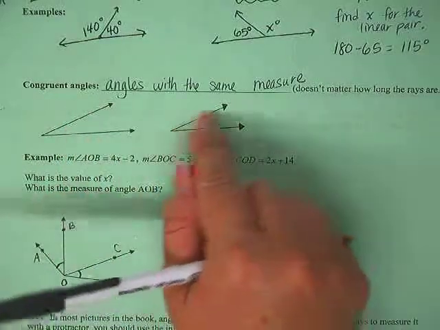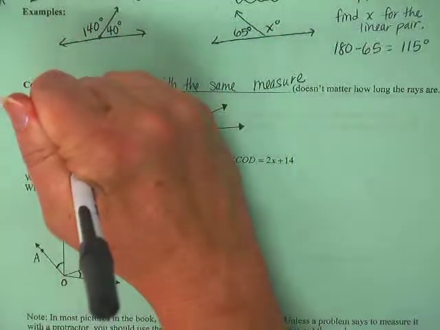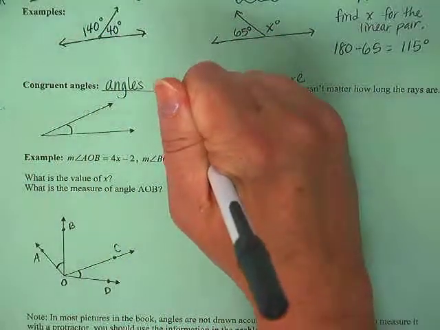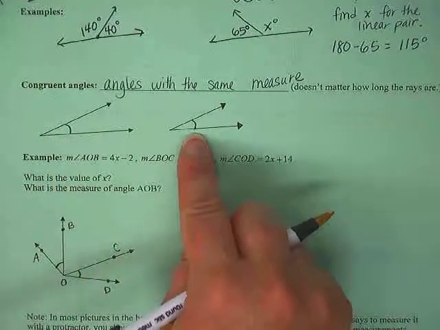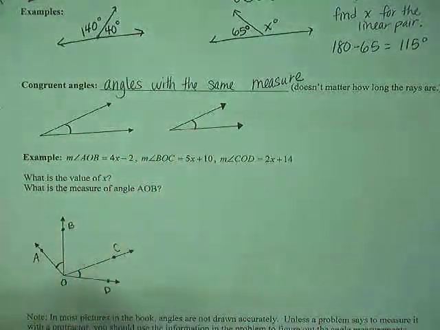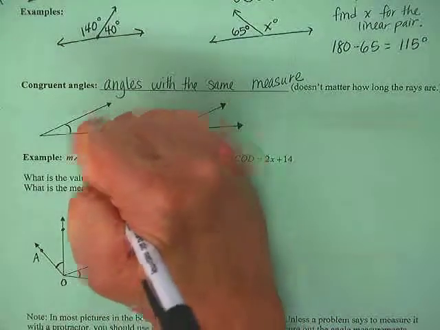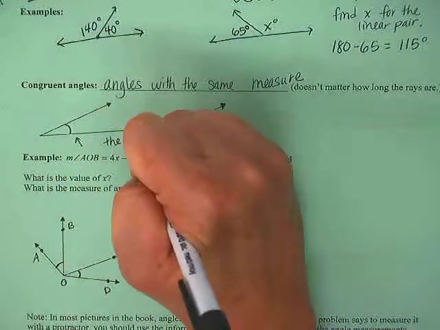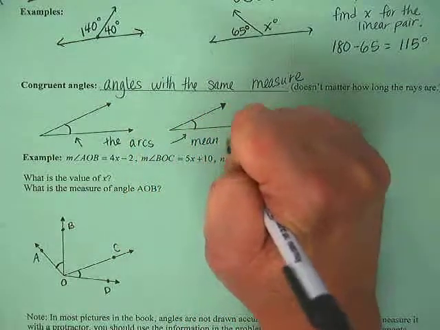Aha, good answer. The sides are different lengths. However, the angle, how far open the rays are, how far apart the rays are from each other, our angle measurement is the same, or it should be.